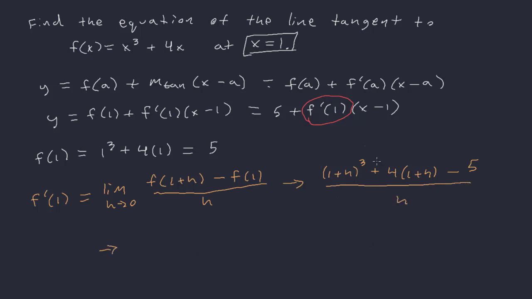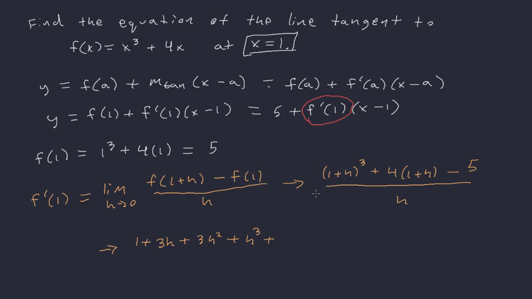Okay, so when we FOIL this out, 1 plus h cubed is going to be 1 plus 3h plus 3h squared plus h cubed. Now, if you ever wondered why or how people get these so fast, look up Pascal's triangle and how it works with expanding binomials.